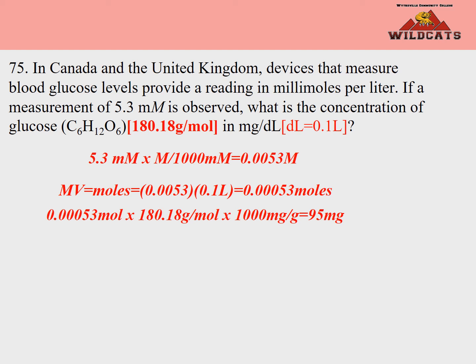So I'm going to multiply by, there are 1,000 milligrams in a gram, so I end up with 95 milligrams. And so I end up with 95 milligrams per deciliter. And for those of you who are familiar with the glucose tolerance test, 95 milligrams per deciliter, or 95 on the glucose tolerance test, is basically within the normal range.